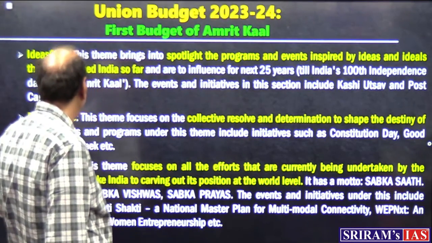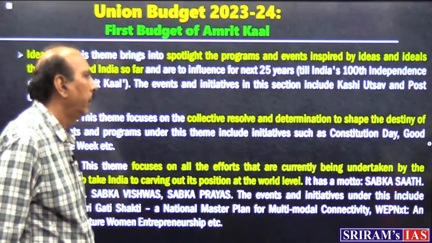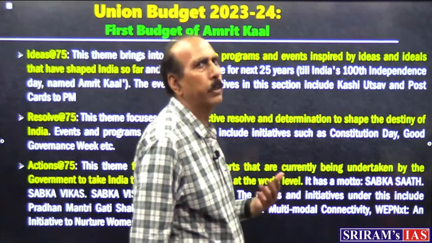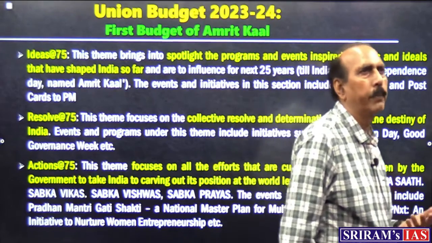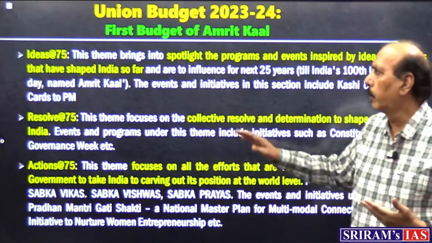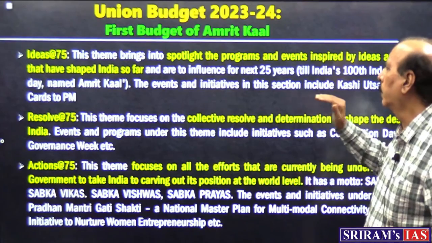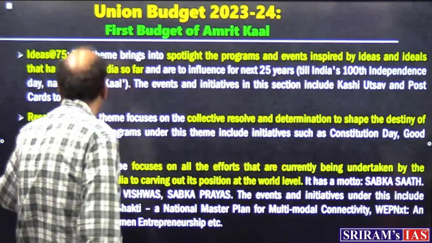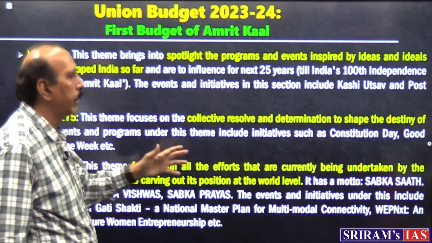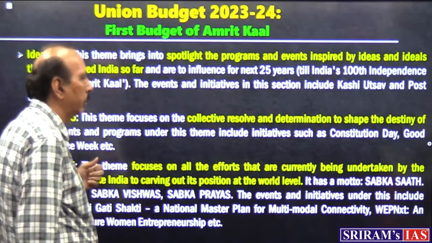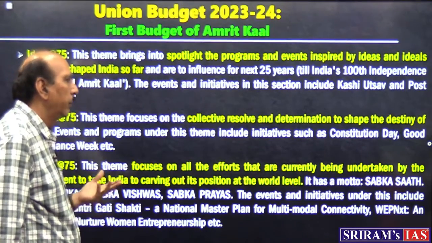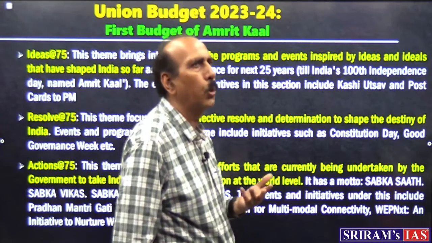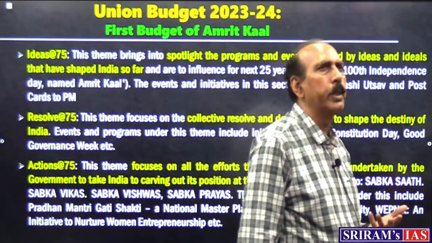This is the first. The second is the resolve at 75. What we have achieved till the age of 75, that we have to resolve. It means we have to show that at 75 years of age, we have to celebrate our Constitution Day, we have to celebrate Good Governance Week, and whatever we have achieved, we have to showcase to the public in various forms.